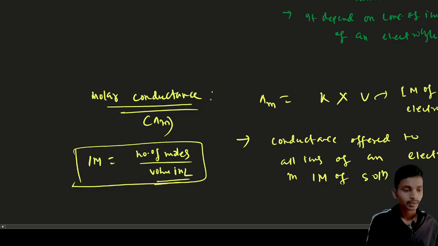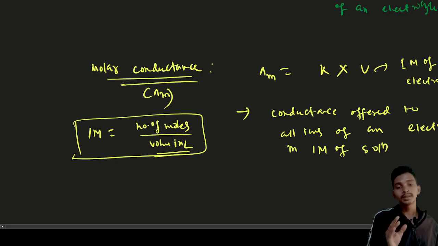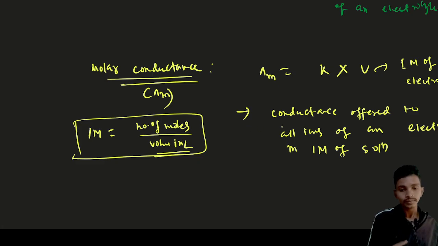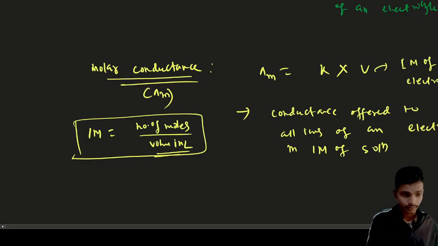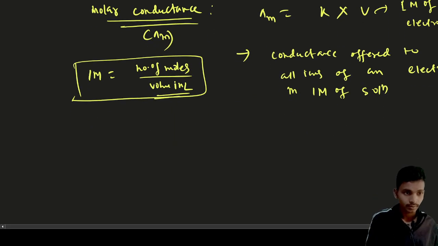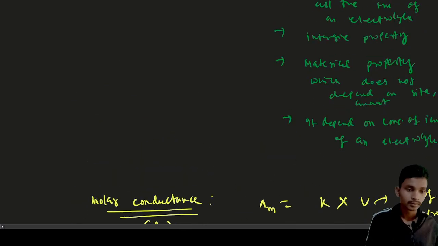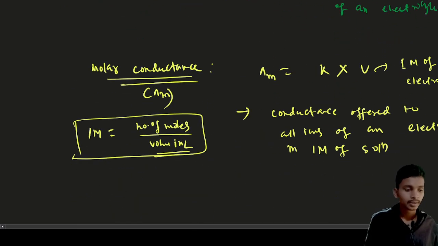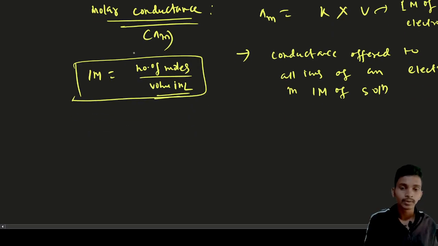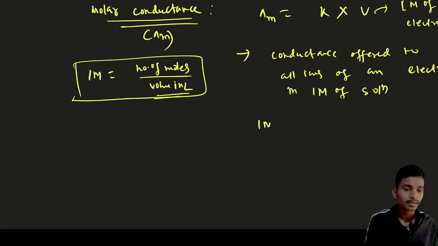Okay, so I fix that concentration at 1 mole. Within 1 mole, how much conductance is offered, that is called molar conductance. And now somebody says, okay, you fix the concentration equal to 1 molar, but it is also possible that we can fix it at 1 normal.